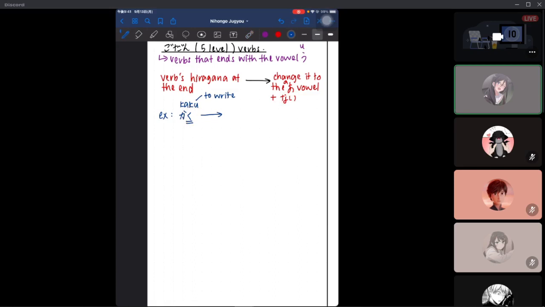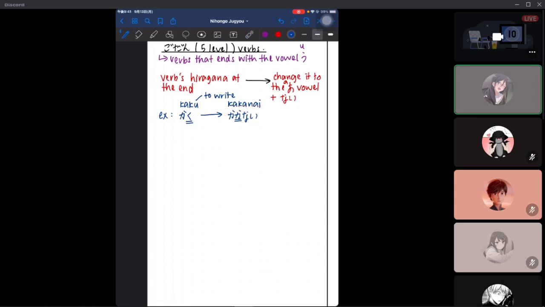So it will become kanai. Ku will become ka, and then you add nai at the end. So this is how you conjugate into a negative form.